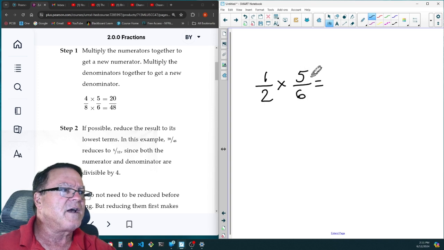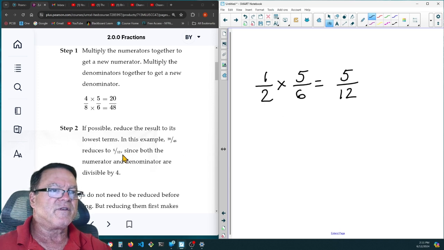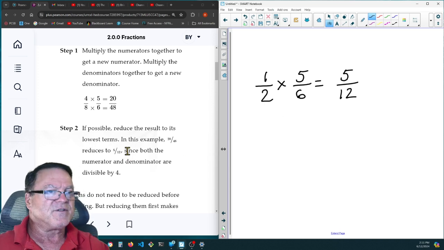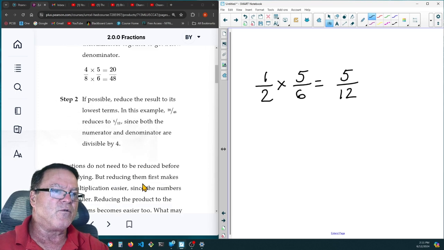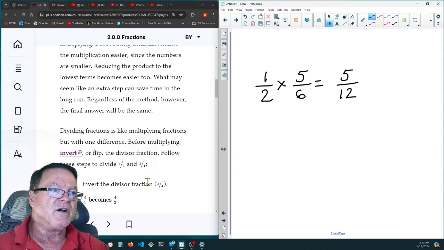And that would have been 1 times 5 equals 5, and 2 times 6 equals 12. And that's the answer they ended up with, 5/12. So yes, reduce your fractions before you multiply them. That is a good suggestion.